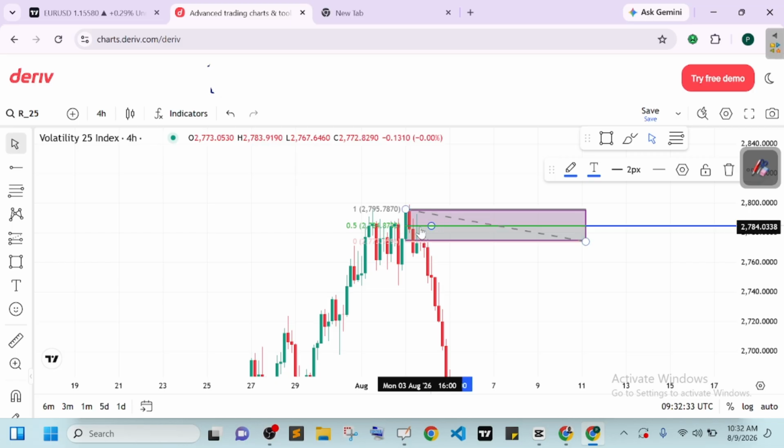Now if you look at this place, you can see that this price touched the 50 level before pushing down. So this is how I make use of my Fibonacci retracement. I use it to identify premium and discount zone, and also to divide my interest zone in half and make use of the 50 level to position my trade.